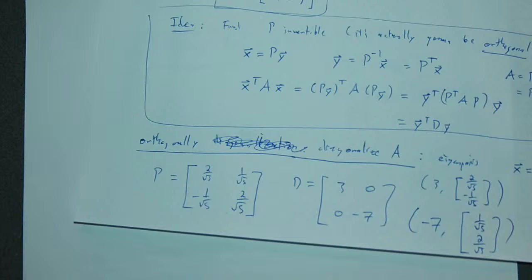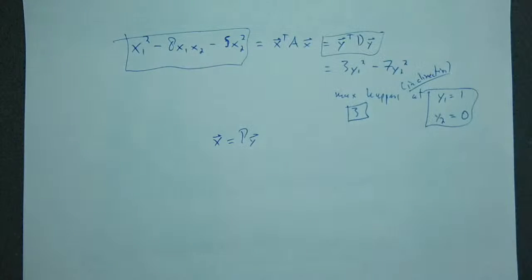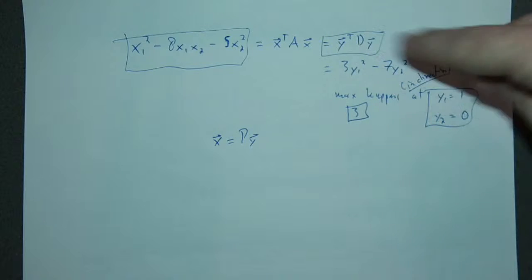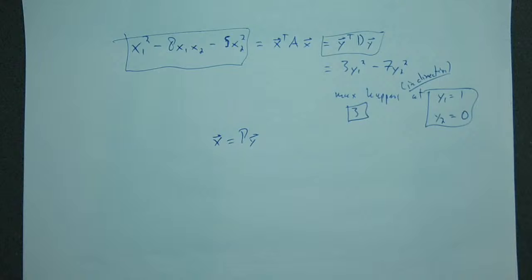But the point is, if you look at the graph of this thing, it's one of these paraboloid things, and in this direction it can get as big as you want it to get. So I would have to put some constraint on it for us to care. But the second I put that constraint on it, I just pick one that satisfies it for this thing, and then I move it back to x by multiplying by P.